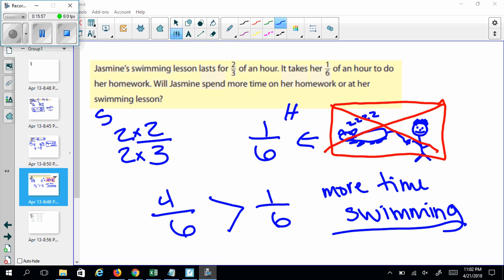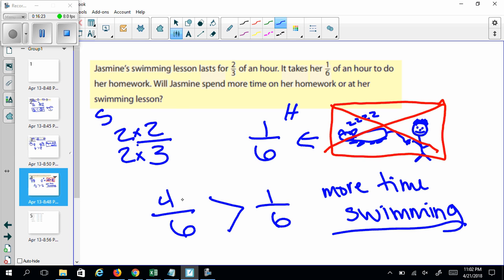Alrighty, so here is our answer. Okay? So the swimming lesson lasts for 2/3 of an hour. I had to change that into 6 because this is the one that we don't want to touch. Leave it alone. Really, don't do it. Okay? So the 1/6 stayed the same. I had to take the thirds and make them into 6 by multiplying by 2.